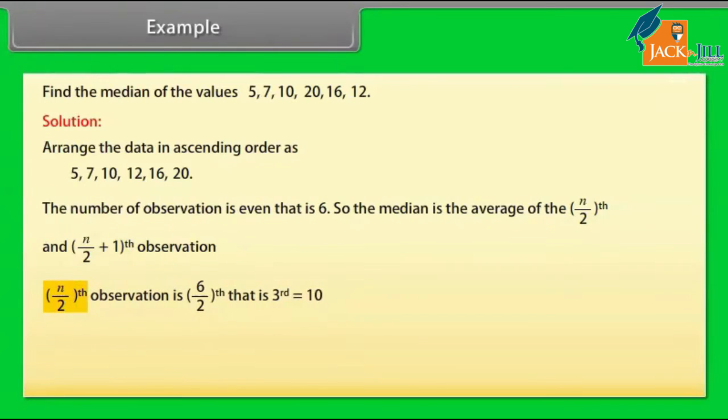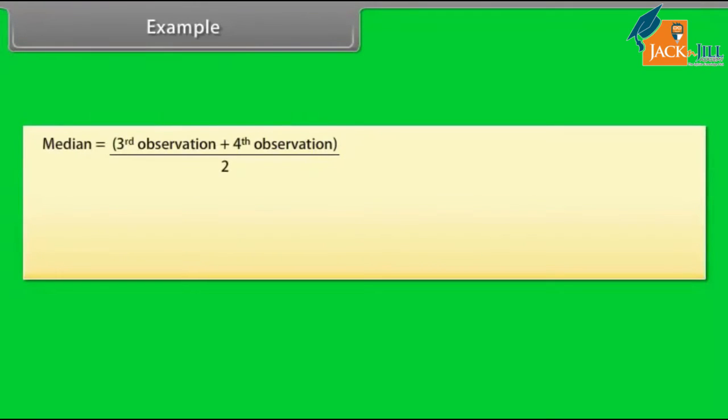The (n by 2)th observation is 6 by 2th, that is, third, equals 10. The (n by 2 plus 1)th observation is 6 by 2 plus 1th, that is, fourth, equals 12. Median is equal to (third observation plus fourth observation) by 2, which equals (10 plus 12) by 2 equals 11.